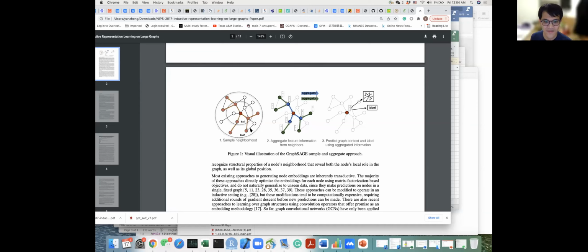So yeah, and actually this graph convolution network is an extension of the convolution network, the CNN, convolutional neural network. Convolutional neural network has already been studied for a long time and applied to photos.